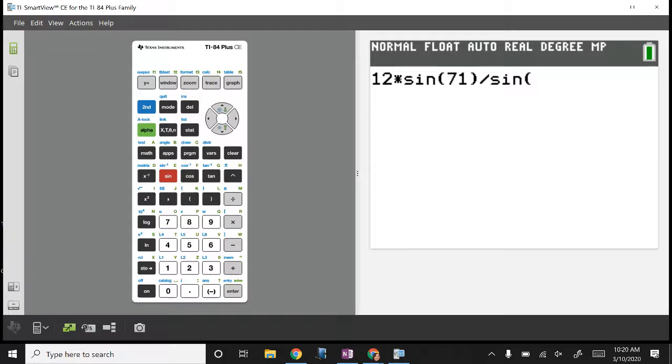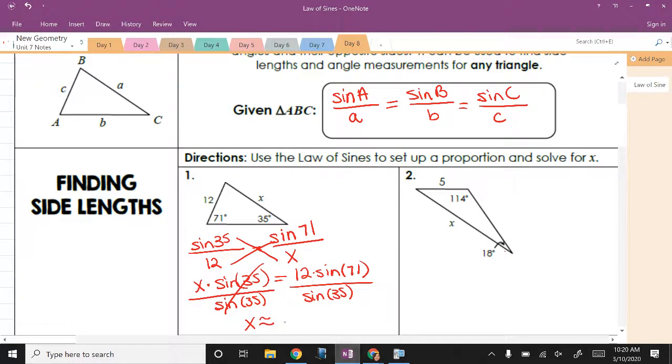Now, law of sines, we're only using sine, not cosine, not tangent. Hit enter. We're getting about 19.8. Y'all agree? So x is approximately 19.8.